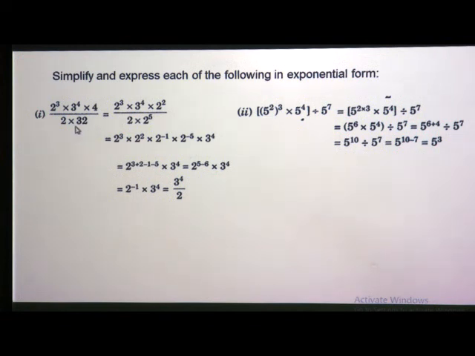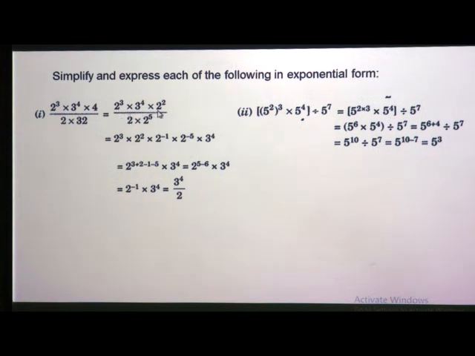Now, I will explain here, then we will try to solve step by step. 2 to the power of 3 into 3 to the power of 4 into, how can 4 be written? It is nothing but 2 square. Here we are writing 2 as it is. How can 32 be written? It is written in the form of 2 to the power of 5.